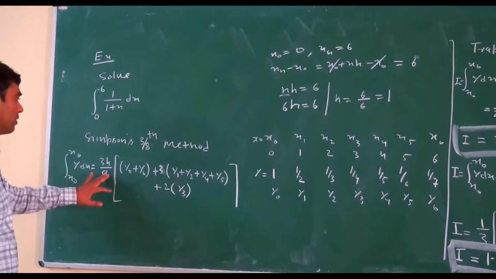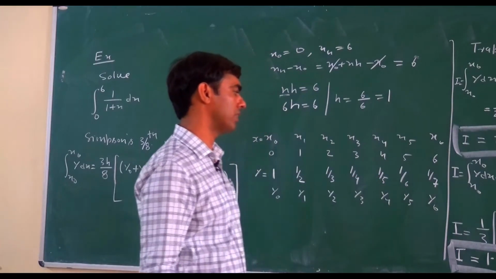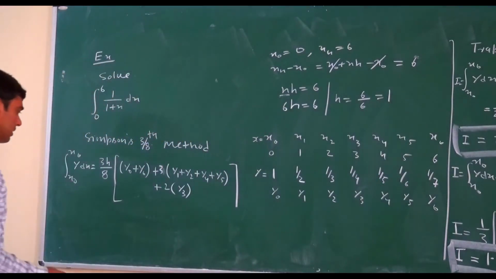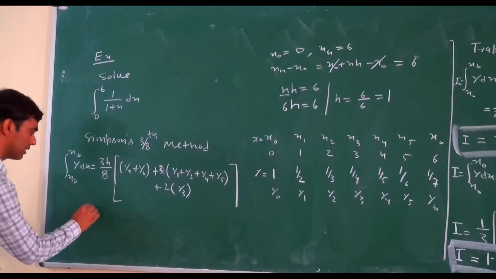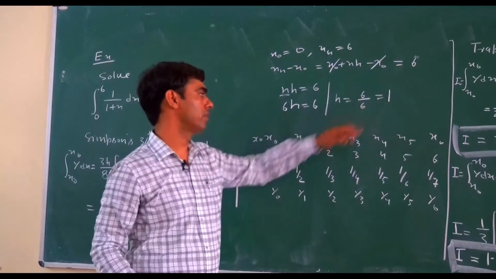Now we put the values of y0, y1, y2, y3, y4, y5 and y6. Then we get the result. This is 3h by 8. What is the value of h? The value of h is 1.